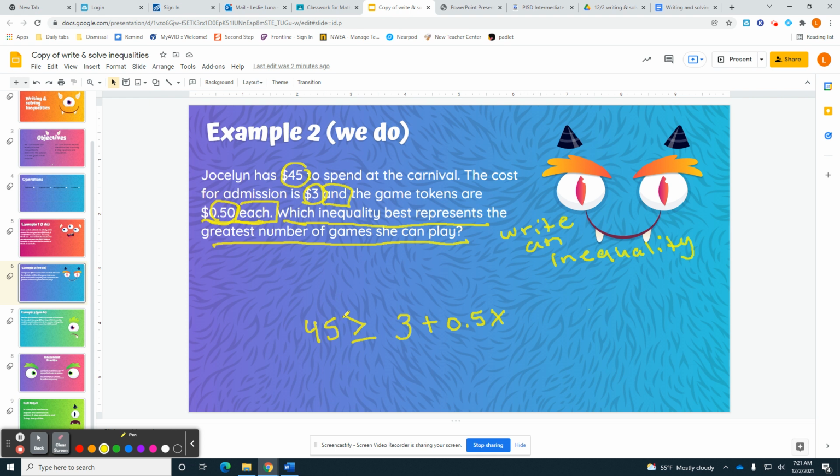All right. So now that we have our inequality, let's go ahead and solve it to see how many game tokens she can buy. First of all, we have to rewrite this, don't we?